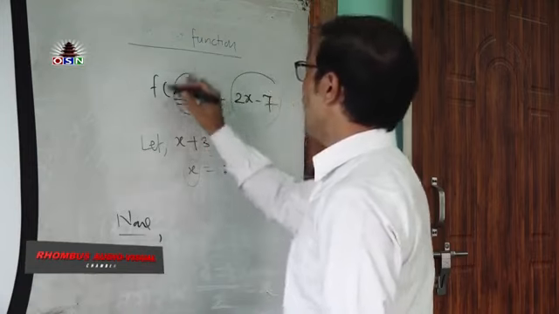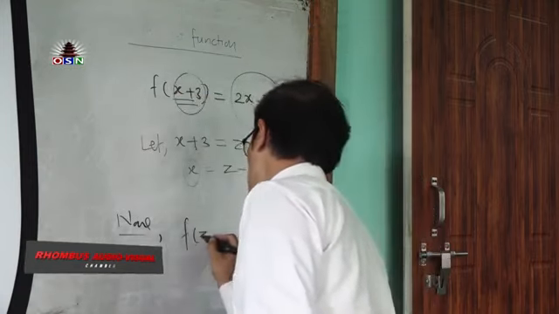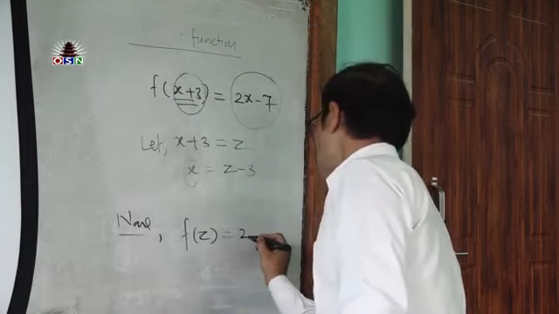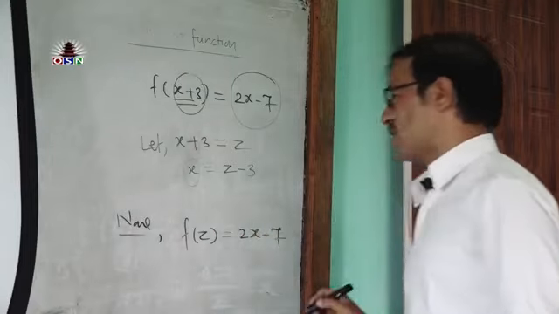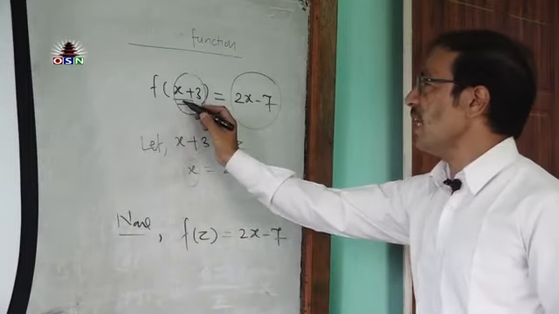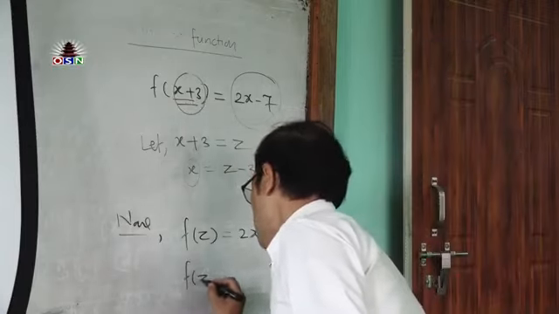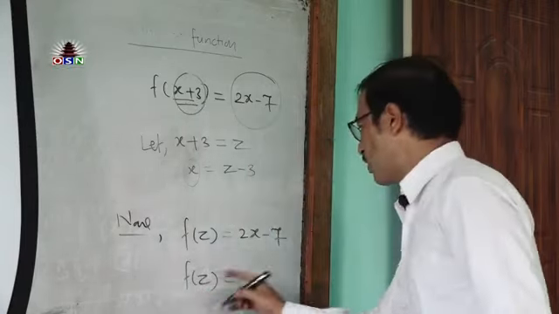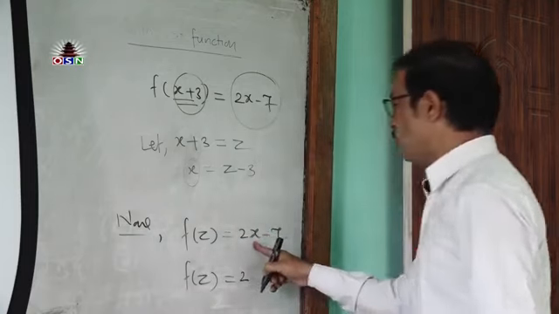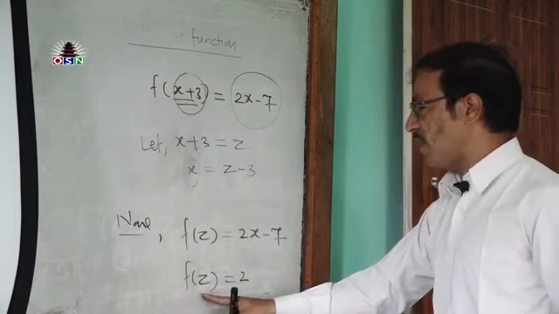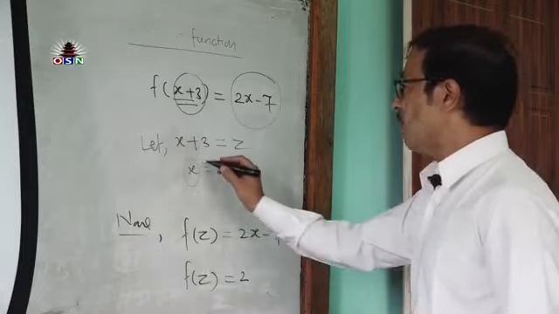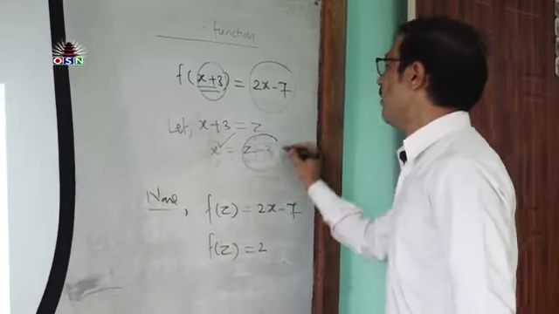According to the question, when you write z in place of this one, f(z) is equal to 2x minus 7 we have got. When we write z for x plus 3, we have got this condition. And then f(z), z is an input. So here x is to be expressed in the form of z, but in place of x we can write z minus 3 here.